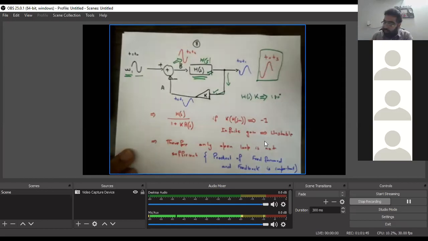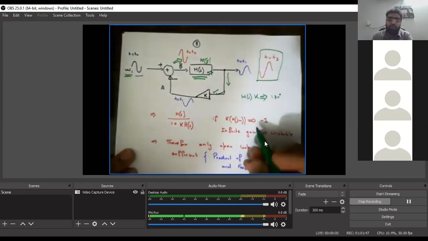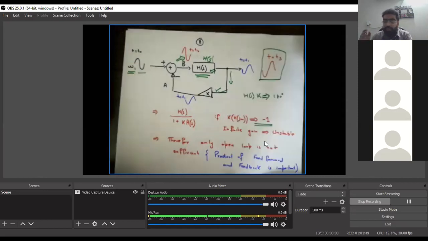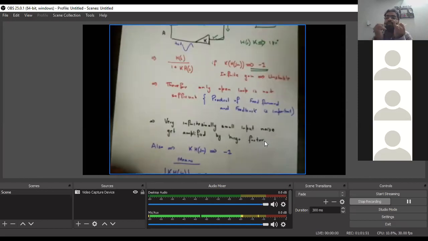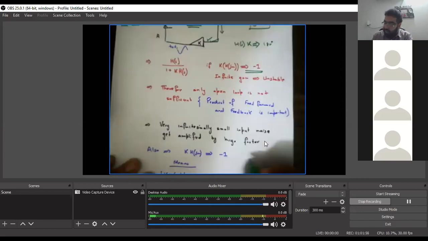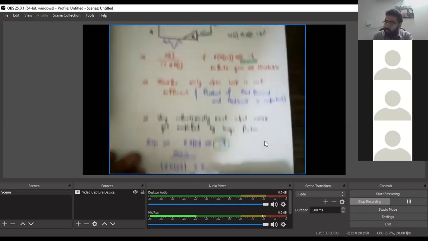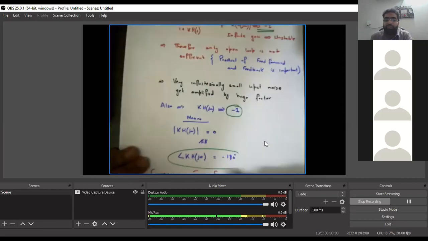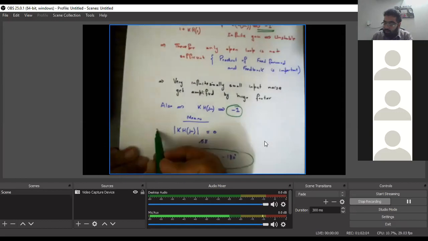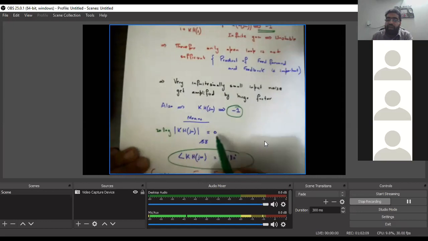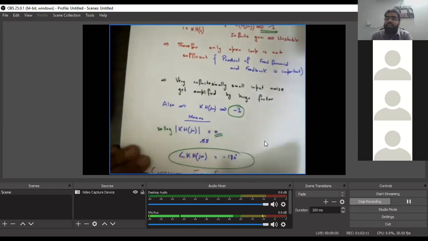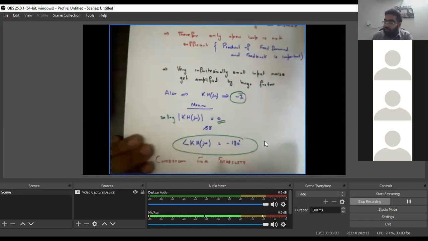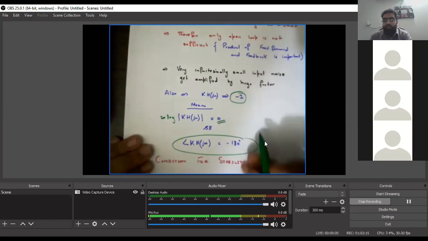And what is this condition of -1? If we want to talk in terms of a magnitude response and a phase response, this is a +1 magnitude with a -180 degree phase. If you talk in log scale, 20 log of the magnitude being 0 and the phase being -180 degrees means the system is unstable, or equivalent to -1.